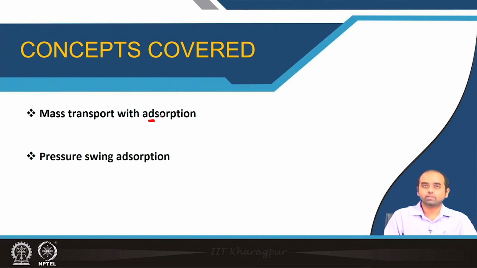Now, the basics of adsorption are a part of the undergraduate mass transfer course, so we will not go into too much detail about what adsorption is, how the dynamics of adsorption are related, and what adsorption isotherms are. The difference between adsorption and absorption is also very important. Adsorption is an equilibrium governed process.